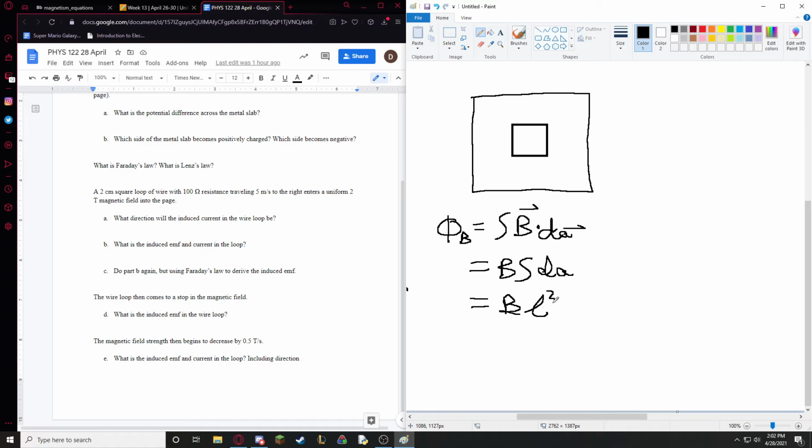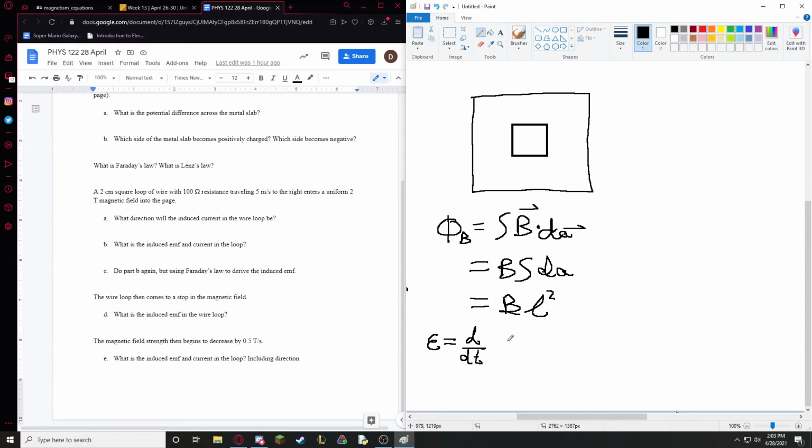So now how do we get our induced EMF? You put that over change over time. Yep, exactly. It's the change of the flux.